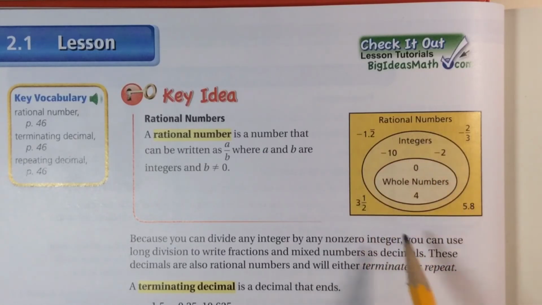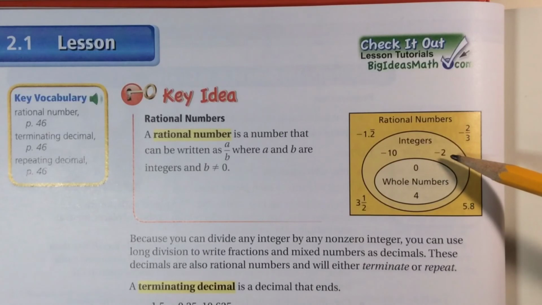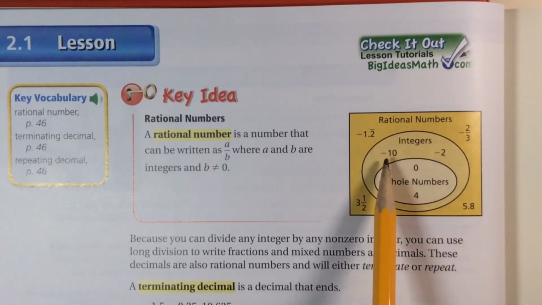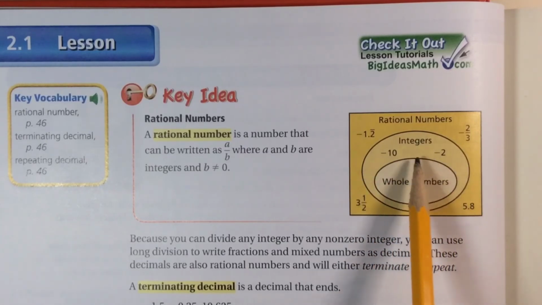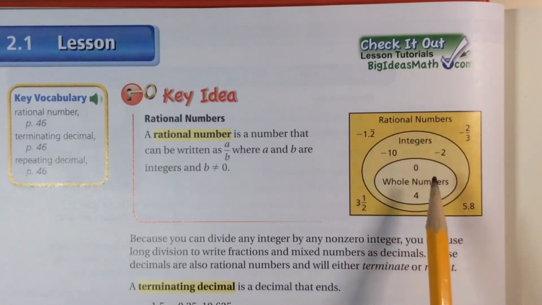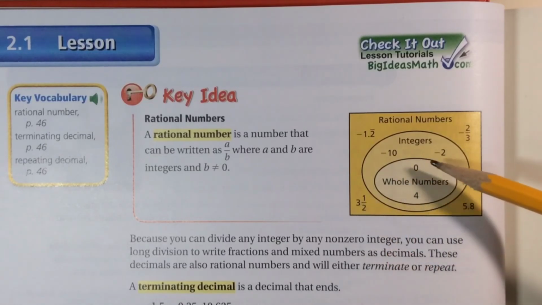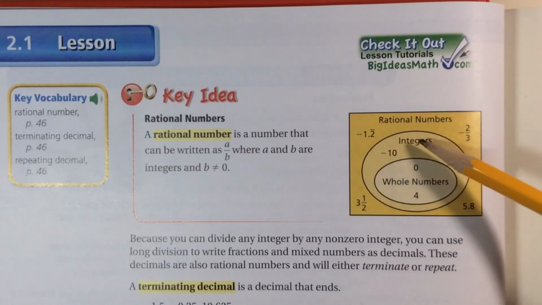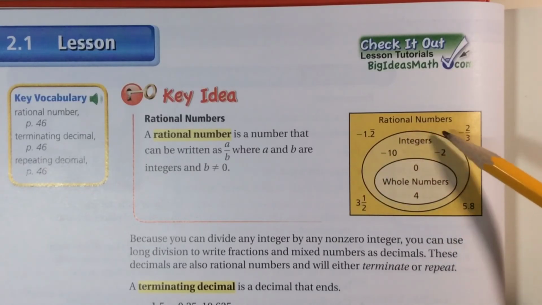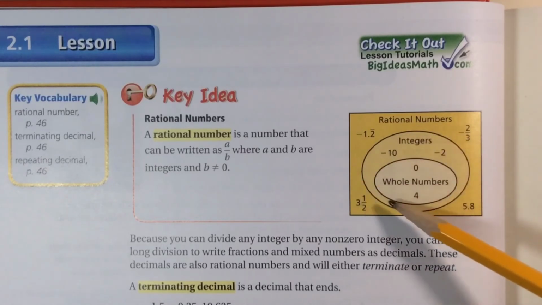Then integers do not just include the negatives, which some people will look at this and say, oh, the integers are just the negative numbers. No, this whole oval here is also in integers. So 0 is an integer, 4 is an integer, -2, -10. Notice, no decimals, no fractions, though, for integers, okay?